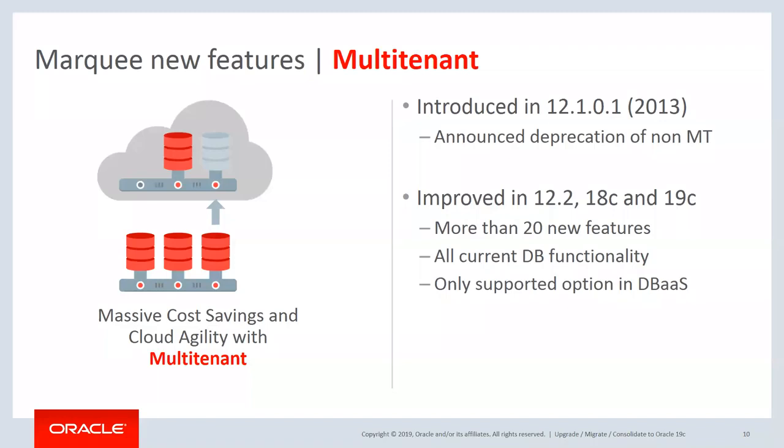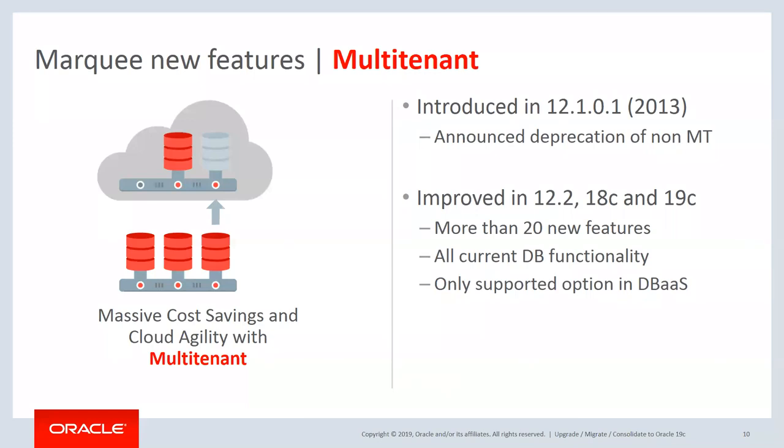So we recognized that there had to be a different way of handling the data, and separate the day-to-day business from the actual data that you are using in the system. So we introduced it in 12.1.0.1, one of the first versions.